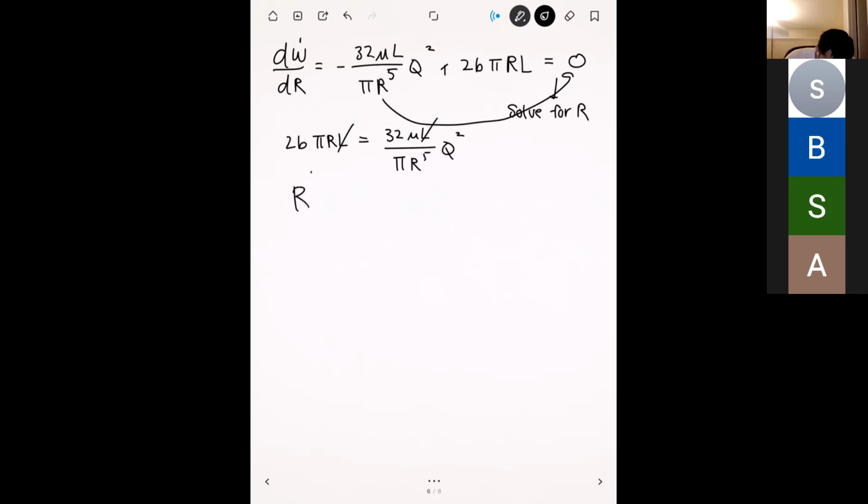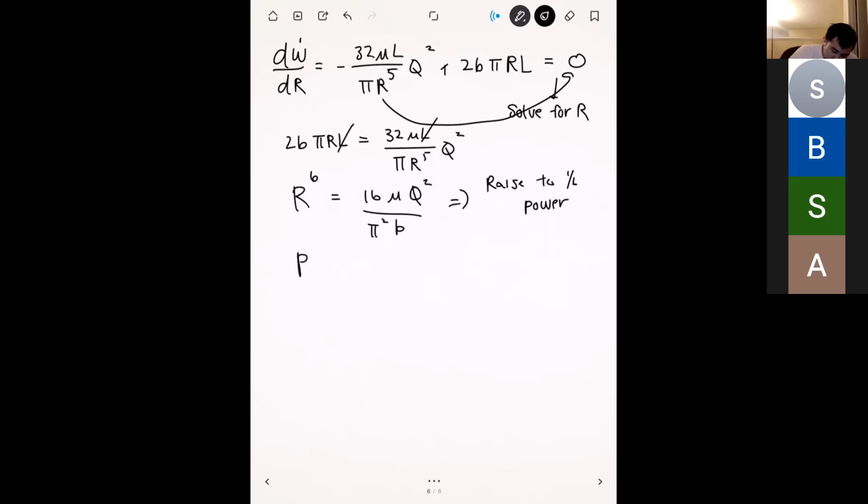On the left-hand side, we have r to the 6th, because we multiplied both sides by r to the 5th, and then we have 16 mu q squared all over pi squared times b. Then from here, we can just raise both sides to the 1/6 power, just to get rid of that exponent of 6.